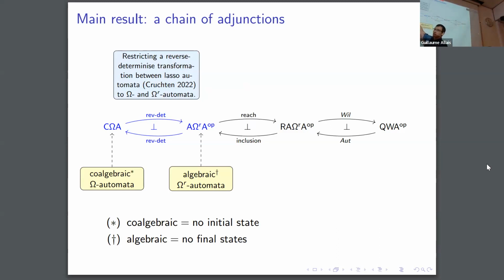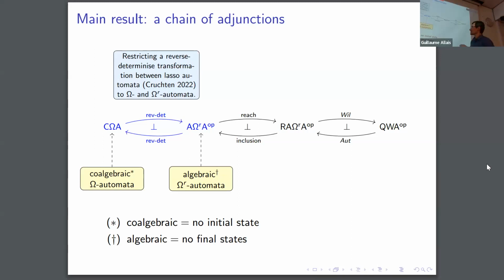This adjunction is basically just performing a generalized version of the reverse-determinize algorithm: reverse the automaton and then determinize using the power set construction. It actually works pretty much the same way as for DFAs. That's the beauty of lasso automata, that things actually work just the same, to an extent.